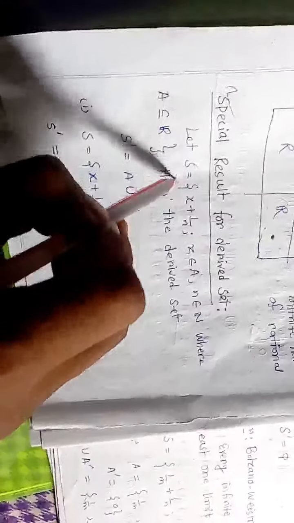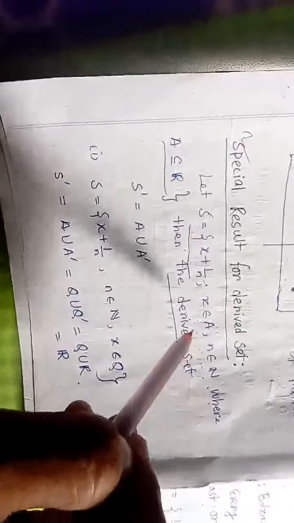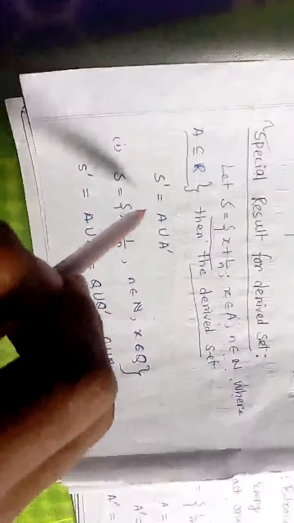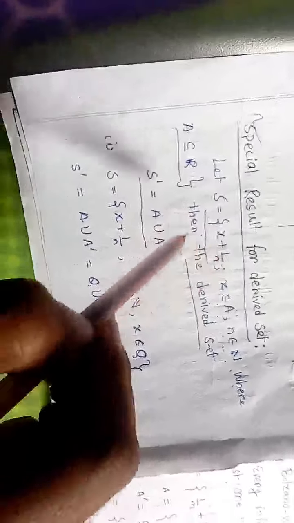Suppose we have a set in the form S equals x plus 1 upon n, where x belongs to A and n belongs to N, where A is a subset of R. Then the derived set of S, S dash, is A union A dash.